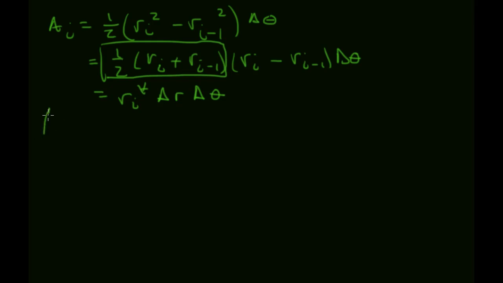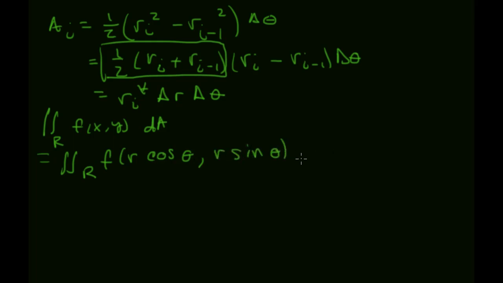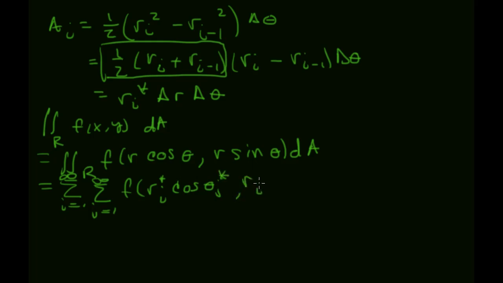The double integral over this rectangle of f(x, y) dA is the double integral over R of f(r cosine theta, r sine theta) times dA. Breaking that down into Riemann-ish thinking, this is the sum from i equals 1 to infinity, j equals 1 to infinity, of f(r_i star cosine theta_j star, r_i star sine theta_j star) times r_i star delta r delta theta.